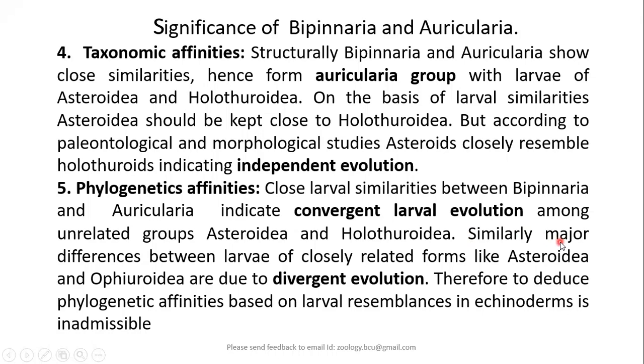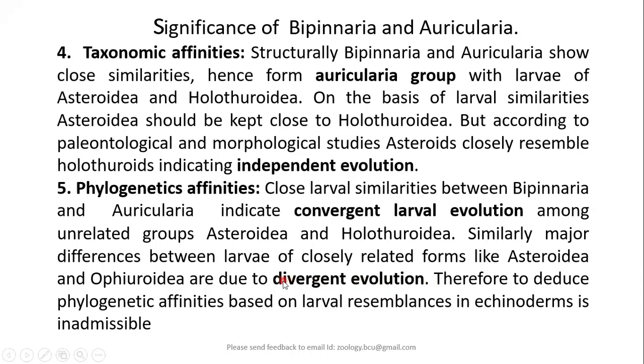Similarly, there are major differences between the larvae of closely related forms like Asteroidea and Ophiuroidea. Sea stars and brittle stars, the adults have similar structures, but the larvae are different. This is indicated by divergent evolution.